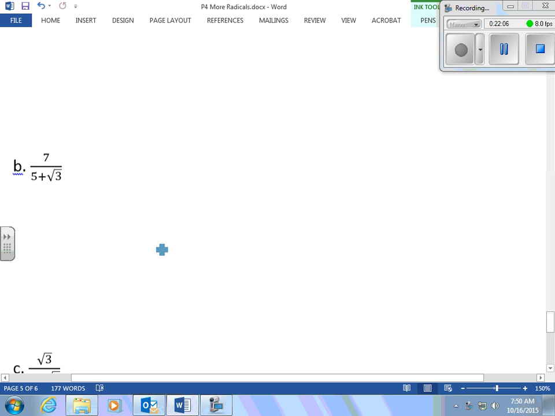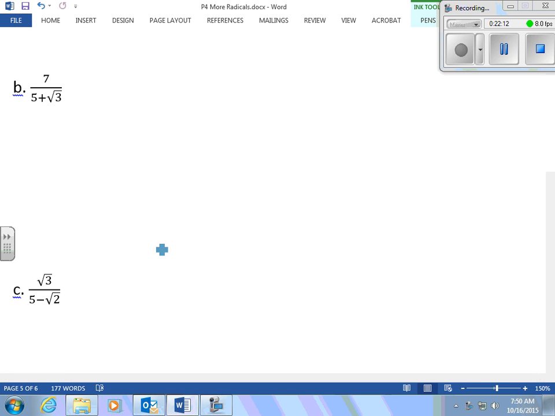But what it does is it helps us to rationalize the denominator because we end up getting rid of the radicals. So we multiply top and bottom by the same thing, but we choose the conjugate of the denominator. So it'll be 5 minus root 3 to give the conjugate, and then 5 minus root 3.